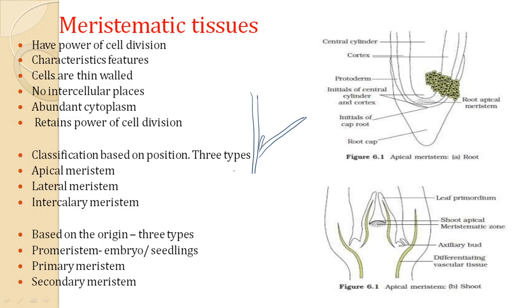Or we can take another example, the seed of a gram. After a day, when we keep gram in water, we find an outgrowth in white color, like this. A new outgrowth.